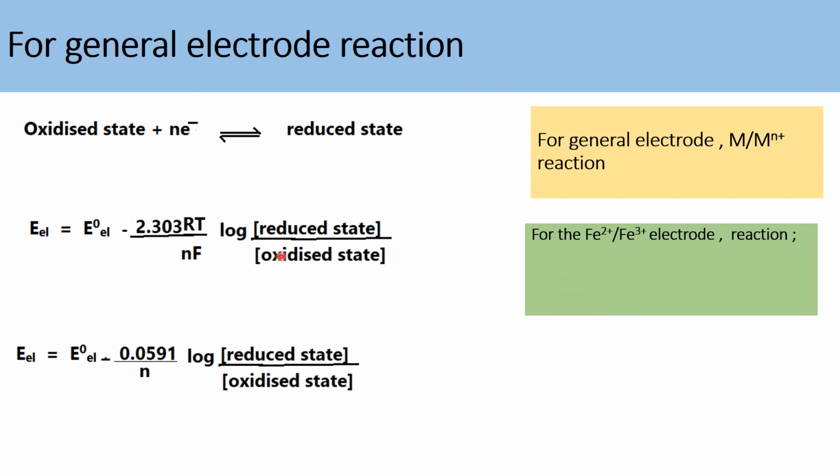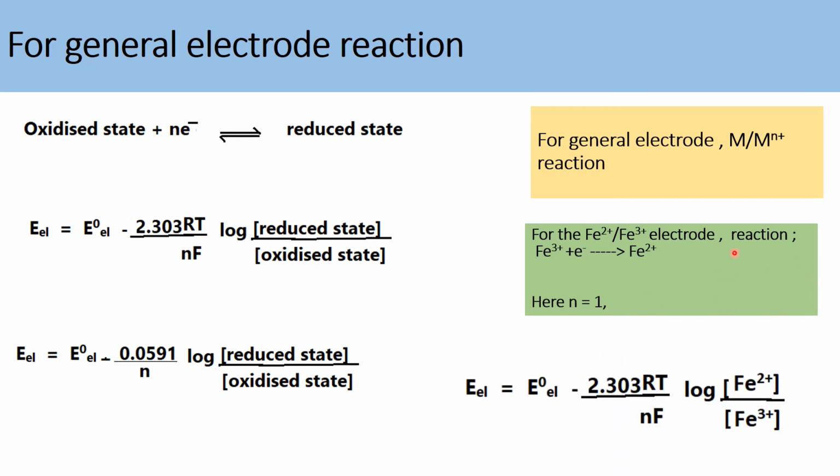For an example similar to a metal ion electrode, you can see the ferrous ferric electrode. The reaction is Fe3+ plus 1 electron giving Fe2+, its reduced form.